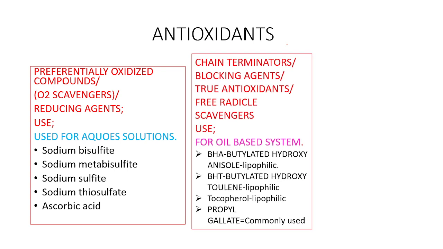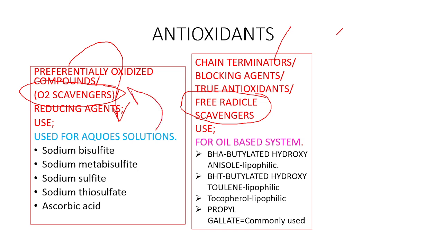Next one is chain terminators or blocking agents or true antioxidants or free radical scavengers. See, chain terminators we can call free radical scavengers. Chain initiators we can call oxygen scavengers. All these will act in the chain initiation, and this will act in the chain termination reaction.